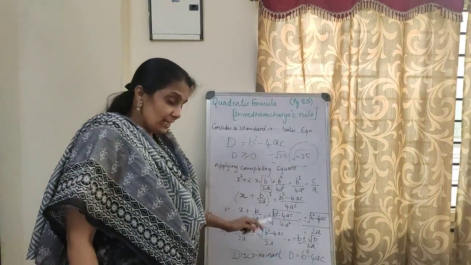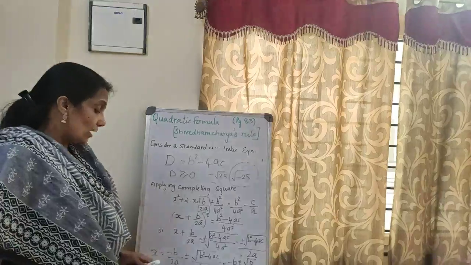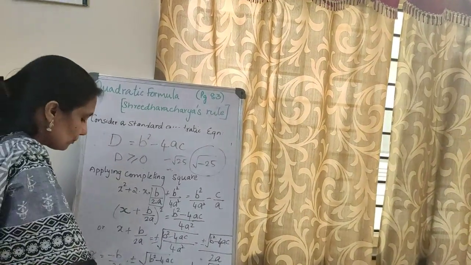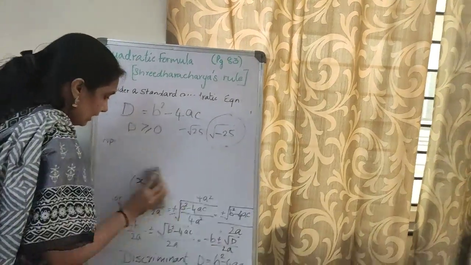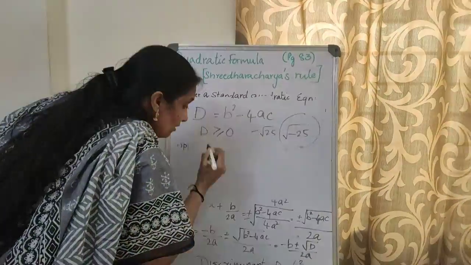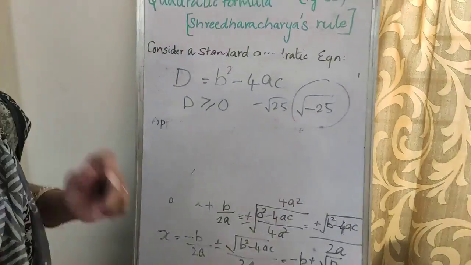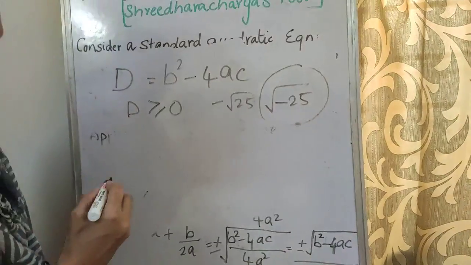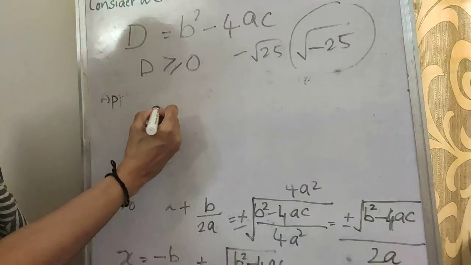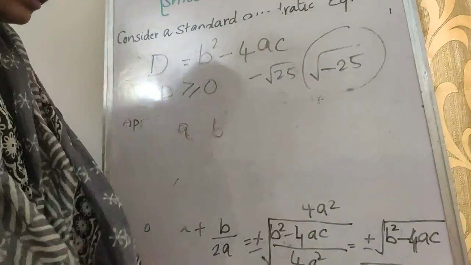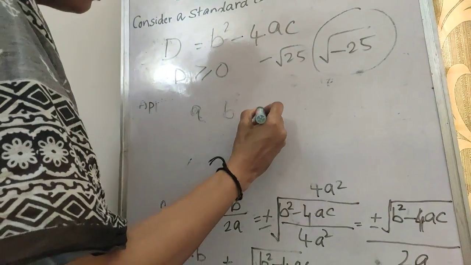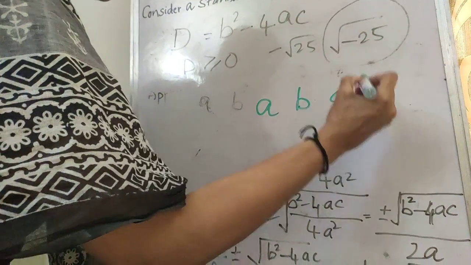Okay, so finally the quadratic formula is for finding the roots of a quadratic equation. If you are asked to find the roots of a quadratic equation, first you will write the values of a, b and c.